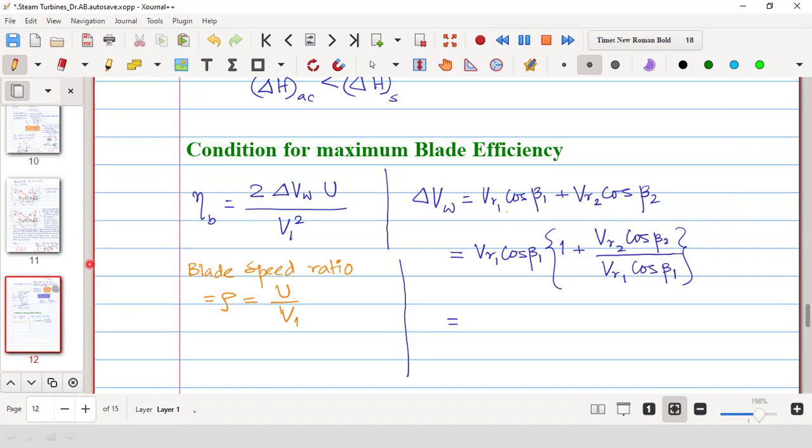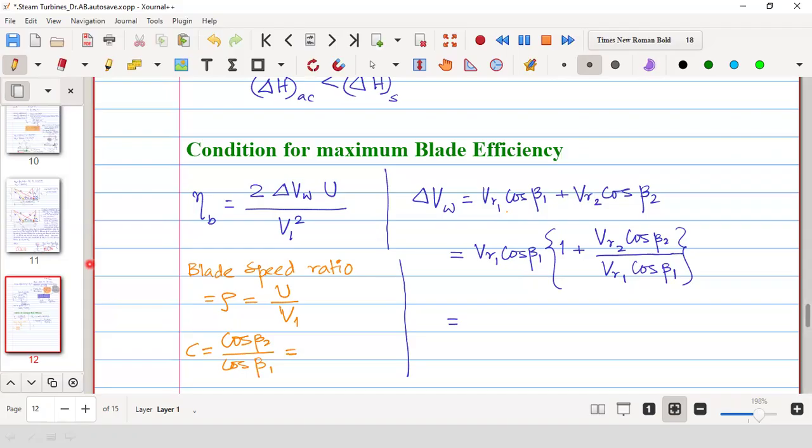This is known as the blade speed ratio. There is another quantity that we will define as cos beta 2 by cos beta 1, which we will term C. That is for simplicity.